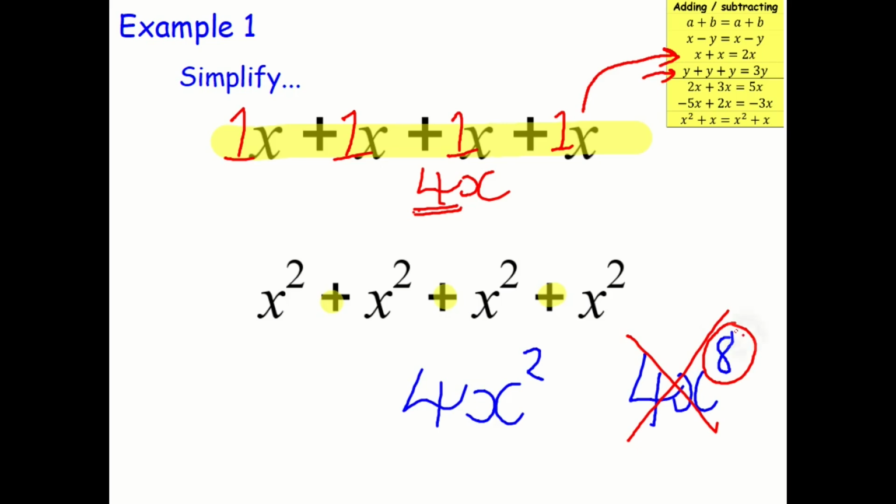So the power, this bit here, is never going to change if you're adding or subtracting. Okay, so this, just like we had here, 1x plus 1x plus 1x plus 1x makes 4x. Here we've got 1x squared plus 1x squared plus 1x squared plus 1x squared, and we get 4x squared. And that is it.